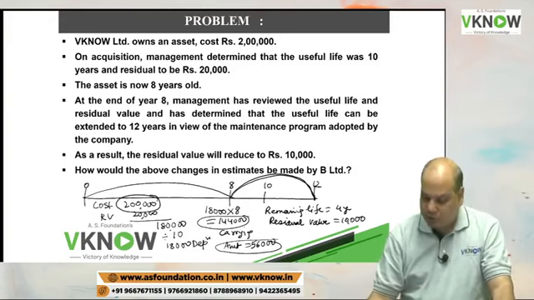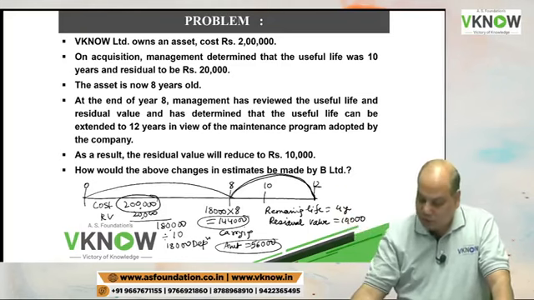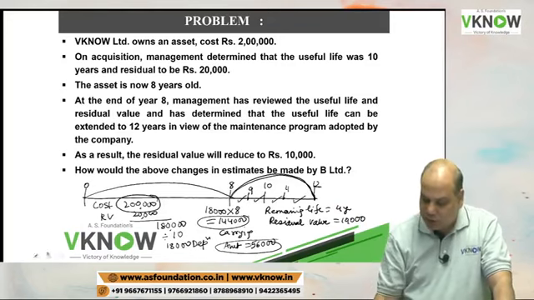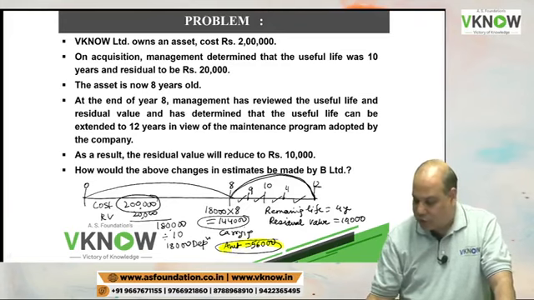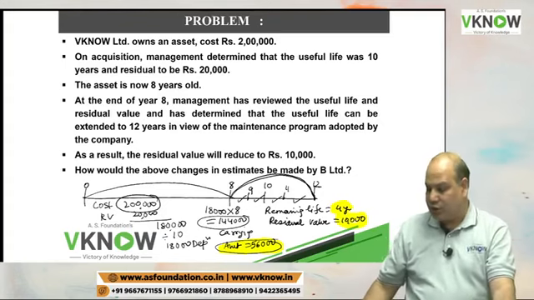My question is, how much depreciation will they provide in year 9, 10, 11 and 12? How much depreciation per annum are they going to provide in the last 4 years now? Carrying amount is 56,000, remaining life is 4 years, and the revised residual value is 10,000.